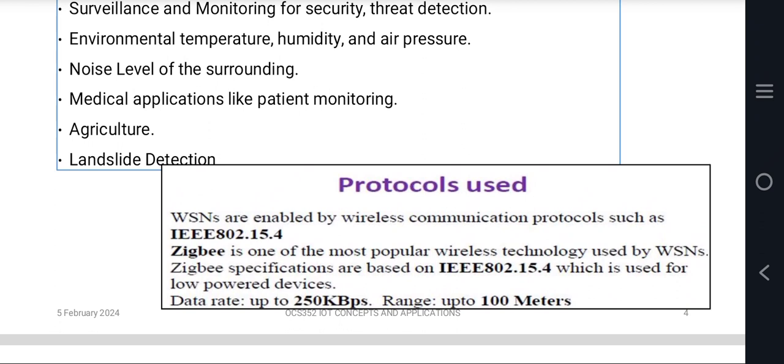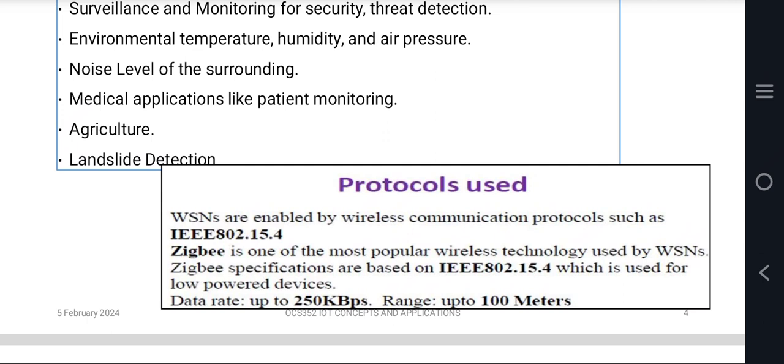The various protocols used in wireless sensor networks are wireless communication protocols like IEEE 802.15.4. Here, ZigBee is one of the popular wireless technologies used in wireless sensor network.